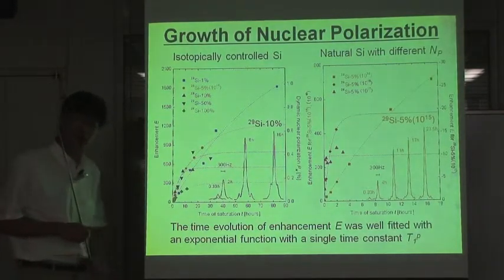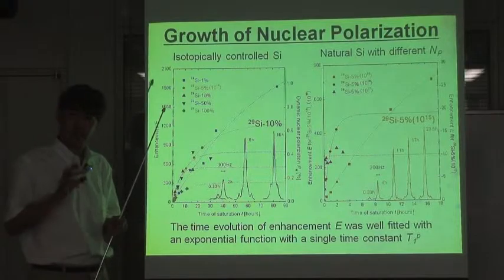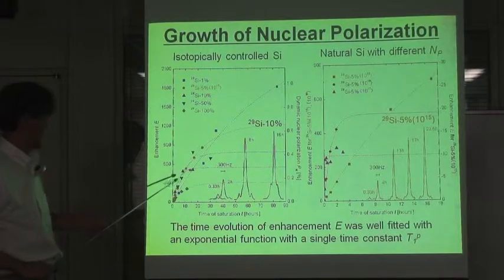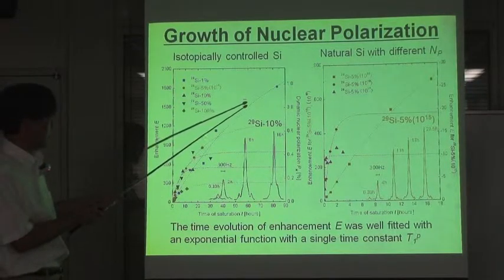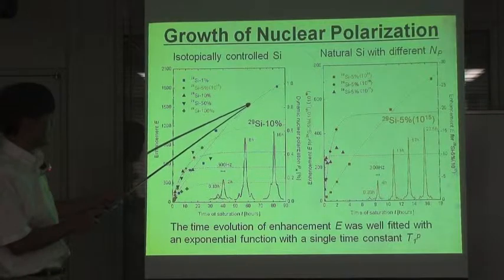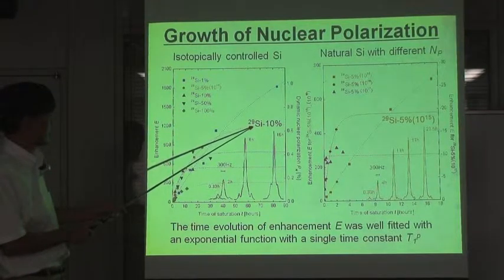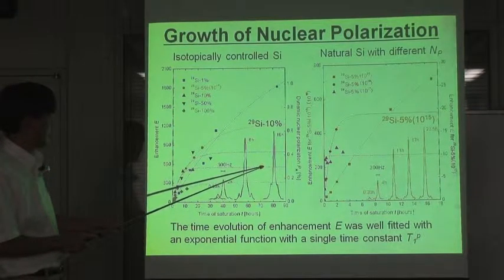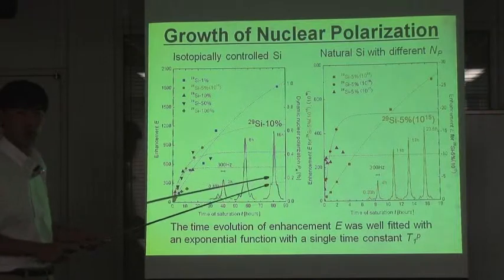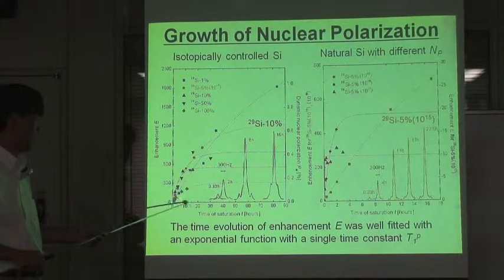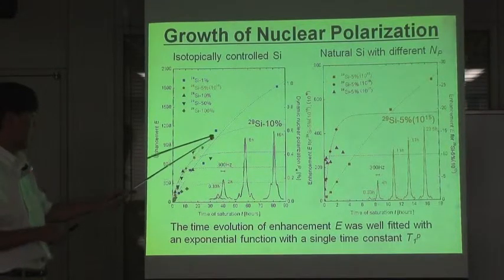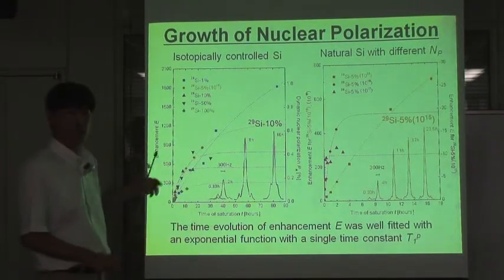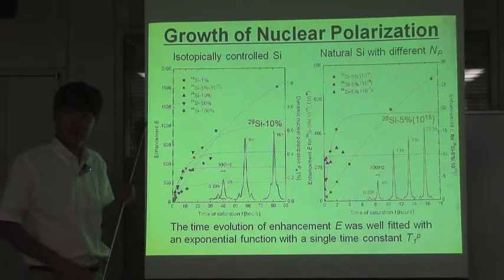So Hiroshi performed measurements over and over and over, as you can see. Here, it's the same measurements for the 1% 29 silicon sample. Orange is the 5% silicon 29 sample. Purple here is 10%, and green is 100%, and so on. At each point, he waited, for example, 34 hours at this particular point, 34 hours in the EPR machine, transferred to NMR, and measured.